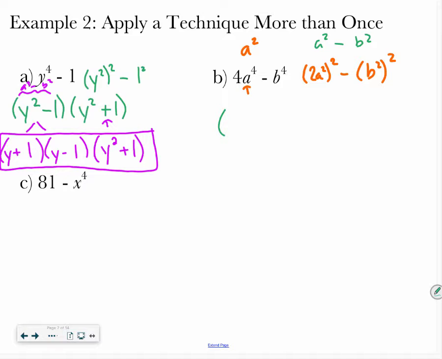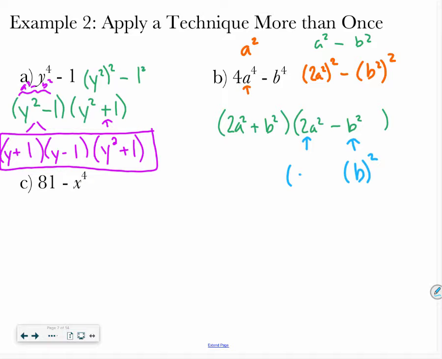So I'm going to rewrite it. My first term is 2a squared, 2a squared. I have a plus, a minus. I'm going to have a b squared and a b squared. Okay? Now if I look at the minus right over here, I have 2a squared minus b squared. I know I can split that up into b squared, but there's no way for me to undo that 2.